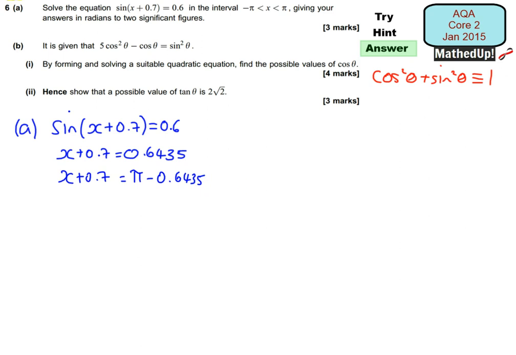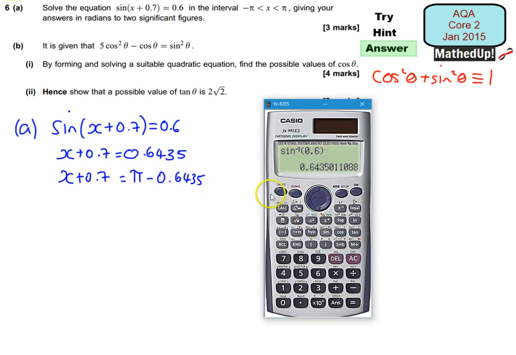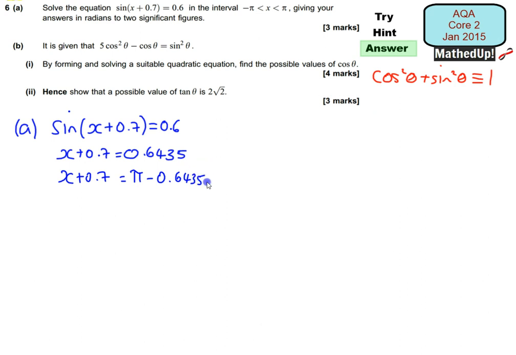And that gives me 2.4981. Okay, so those are my two solutions for x plus 0.7.